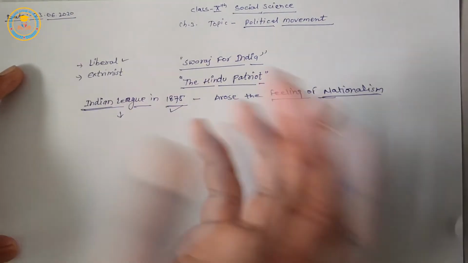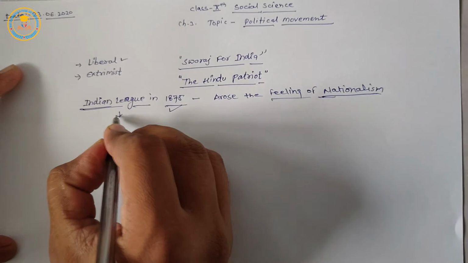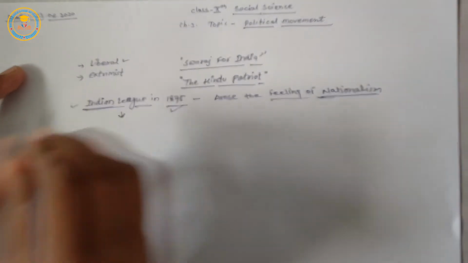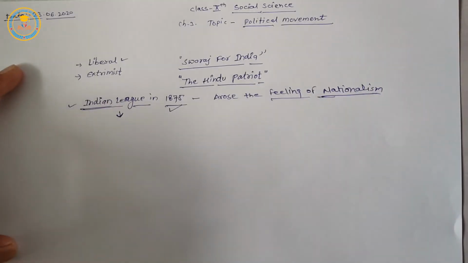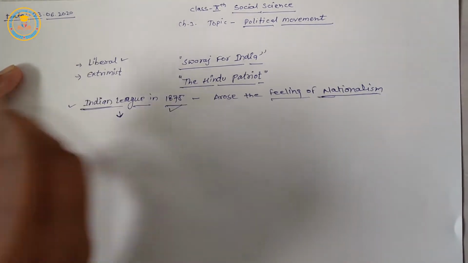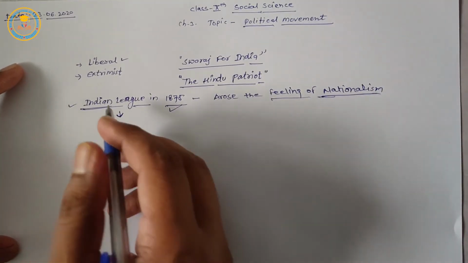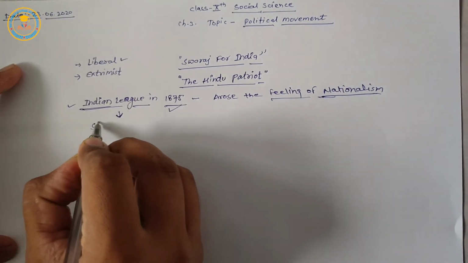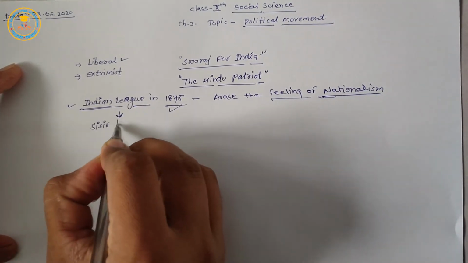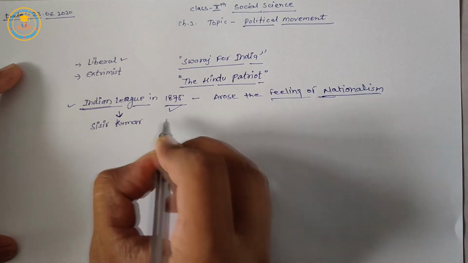If you get a question asking who was the founder of the Indian League, then its answer is Shishir Kumar Ghosh.